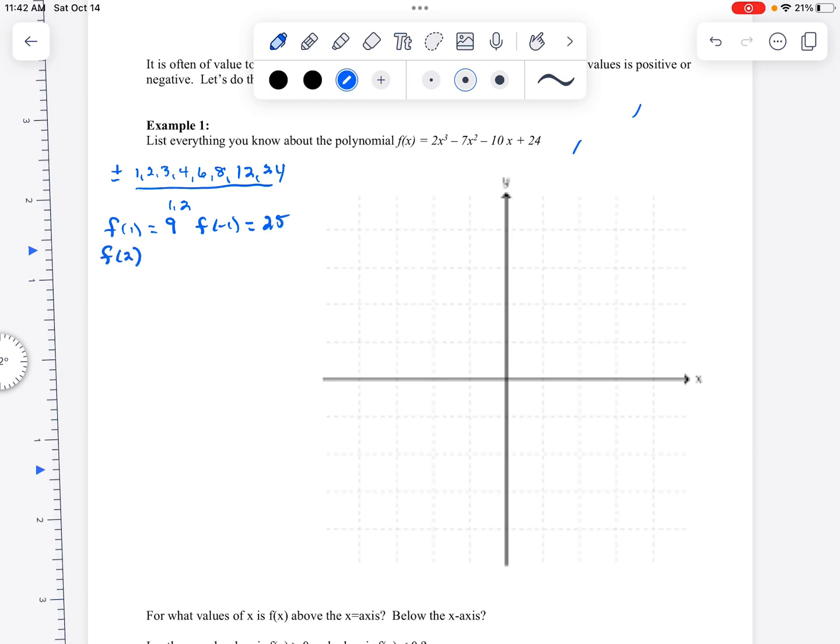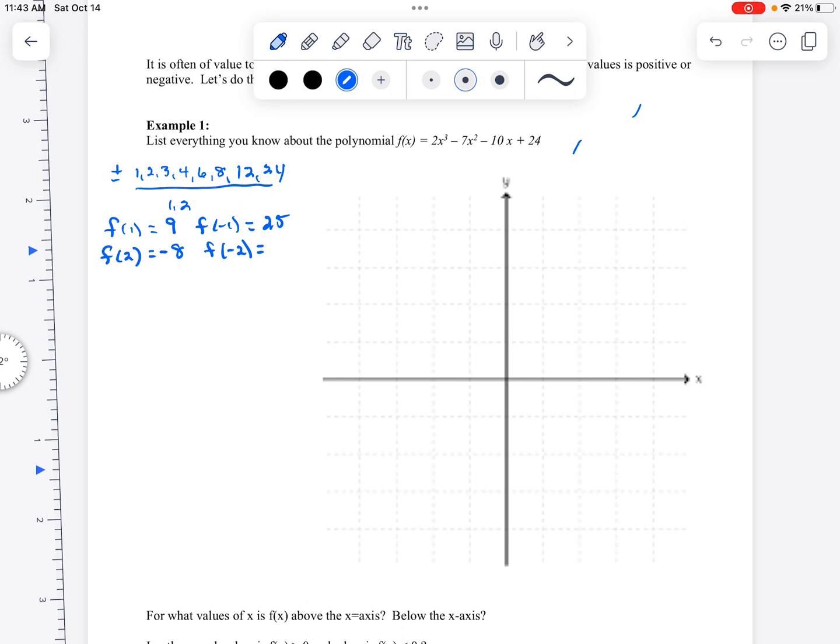If I plug in 2, 8 times 2 is 16, minus 28, minus 20 plus 24. I think I hit a wrong button. I'm trying it again. 2 to the third is 8 times 2 is 16. 7 times 4, minus 28. Negative 20 plus 24. I get negative 8, not a 0.